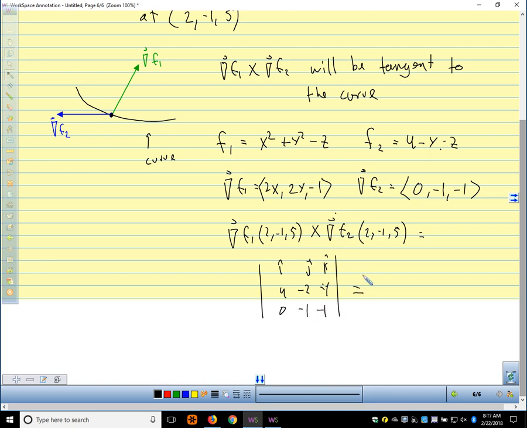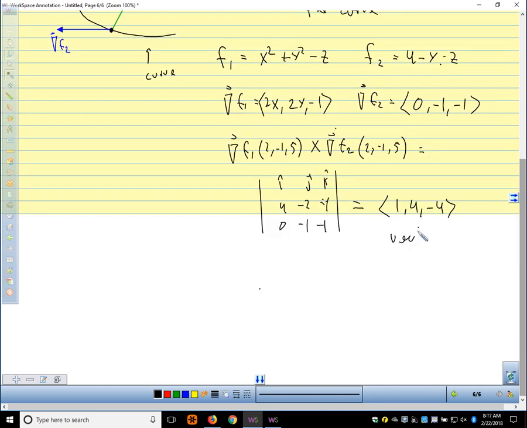And when I did this cross product, I end up with 1, 4, negative 4. I always have to write out the cross product because I make arithmetic errors. So those are our direction numbers. This is a vector in the direction of the line.